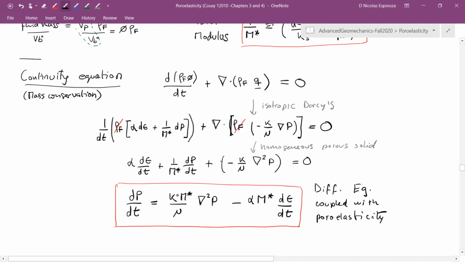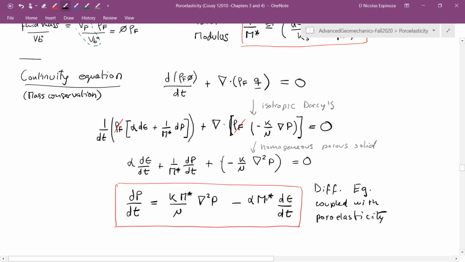And in here you have a variable that depends on permeability, viscosity, and compressibility of the fluid here in the denominator. And here we have something similar, but now this is the Biot modulus that incorporates all the physics that we have taken into account for poroelasticity. But it is very similar. The new term that I have now is this one.